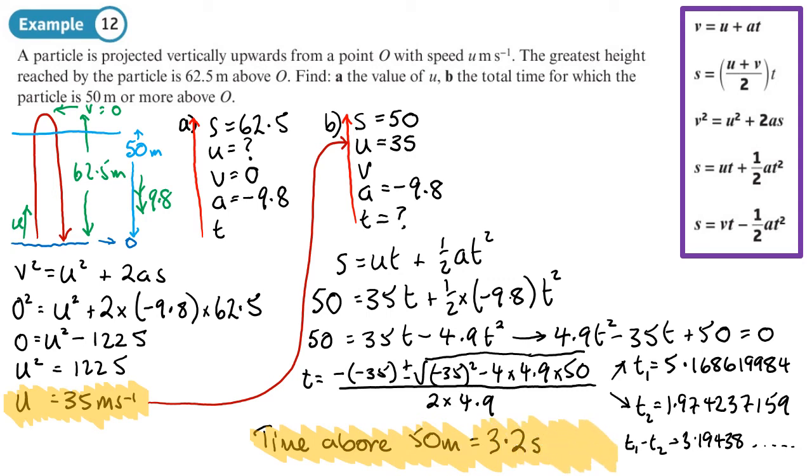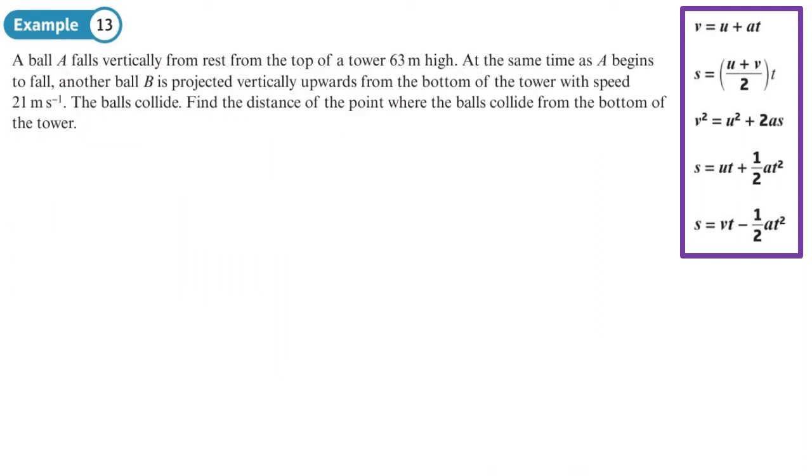So again, like previously, these answers here are given to 2 significant figures because gravity that we've used is given to 2 significant figures. Okay, so here we've got a ball A, and it's falling from rest from the top of a tower, which is 63 meters high.